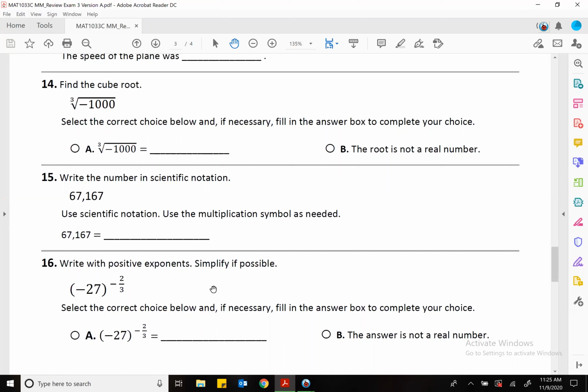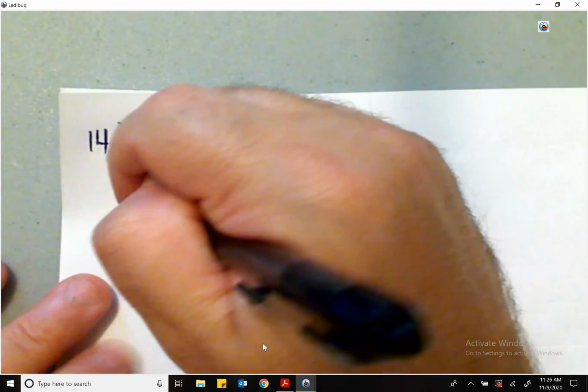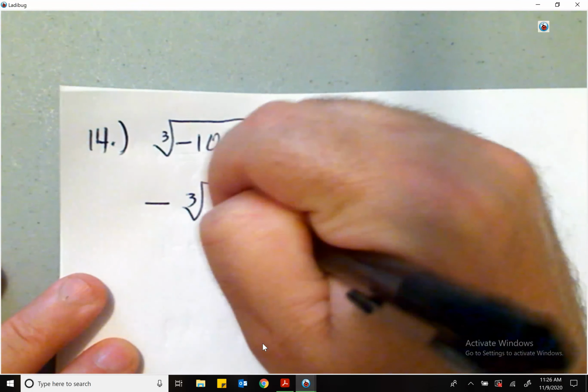Can we bring out the negative outside? You can bring the negative outside. So we have the cube root of negative 1,000, which gives us the negative cube root of 1,000.